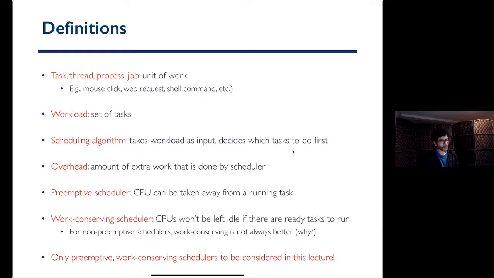Now, the term workload will be used to indicate a set of tasks. A set of tasks, we call it a workload. And a scheduling algorithm is the algorithm that decides which task or thread or process to run next. The overhead of scheduling is the amount of work that your scheduler does to determine the next task to execute.